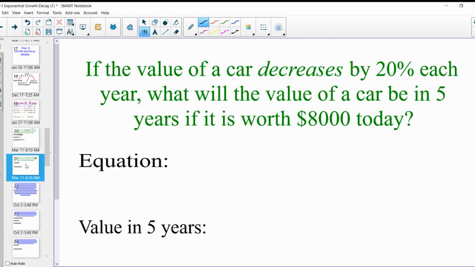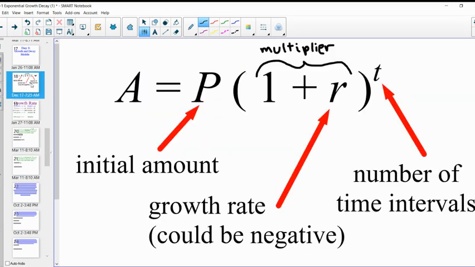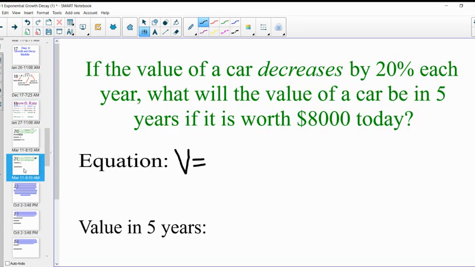So my equation, the equation that models my car's value, I'm going to use V to stand for the value. If you want to go by the formula from the beginning of this week, you might say Y equals, if you want to do everything in terms of X's and Y's. If you want to go strictly with the formula that I've got here, you could say A, the amount that the car is worth, but I'm going to say V. It stands for the value of my car.